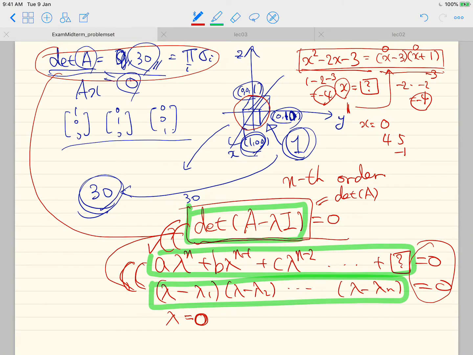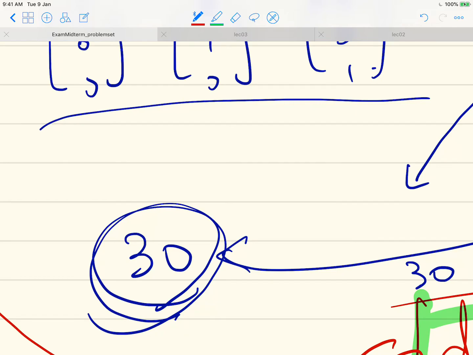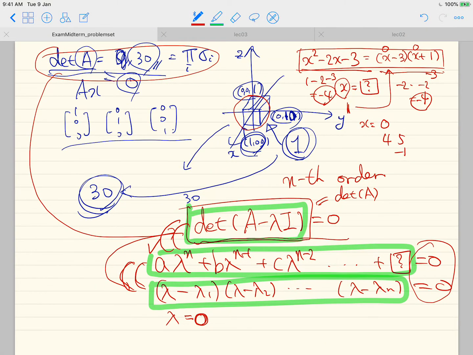And related to this characteristic polynomial, we can also obtain this kind of equation. We considered the product of our eigenvalues, and what about the summation of our eigenvalues? So if we think of lambda i's, can we represent this as a summation of all the eigenvalues?